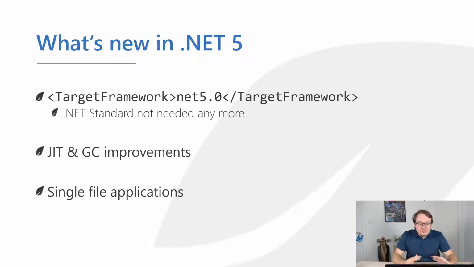There's also the new target framework moniker, so you can use net5.0 instead of netcoreapp3.1. And we don't need .NET Standard anymore, because .NET Standard was basically a bridge to make .NET Framework and .NET Core libraries compatible, so they could target the same API surface, and the internal implementation in those two runtimes was changed.